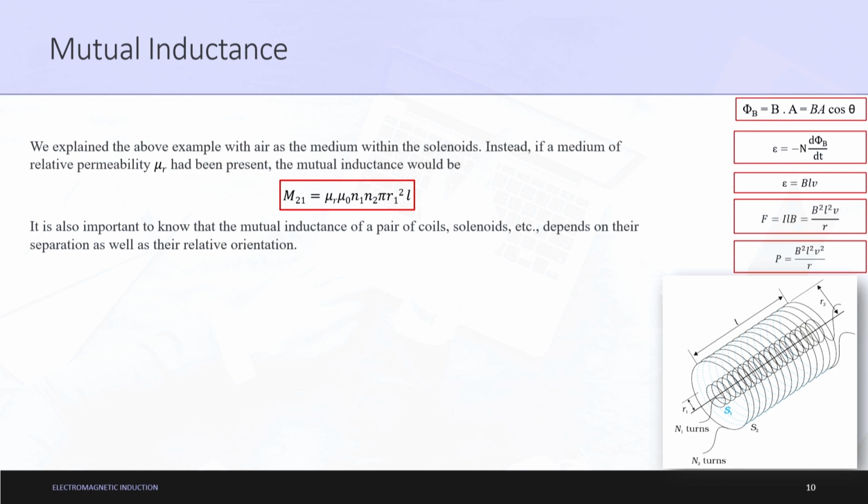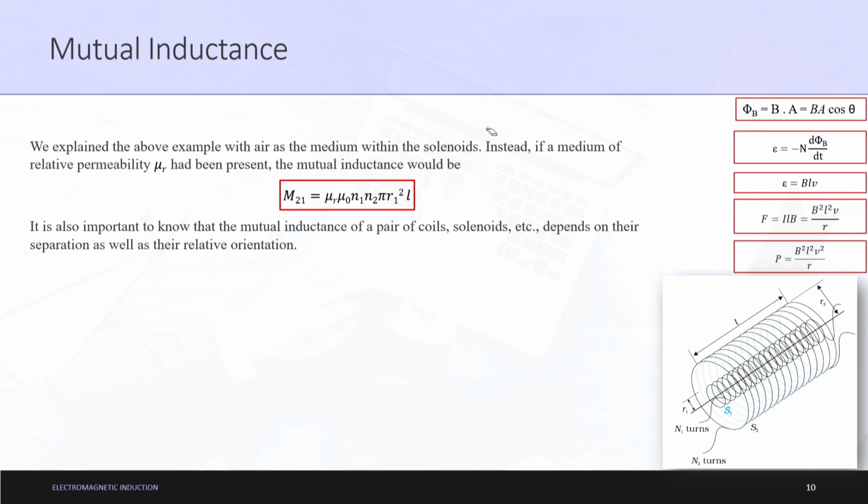So, let us move on. We explained the above example with air as the medium. Please make sure air is the medium, as in anything which is not coil is air. So, air is present here, air is present here. This is an assumption, that everything surrounding the solenoid is air.